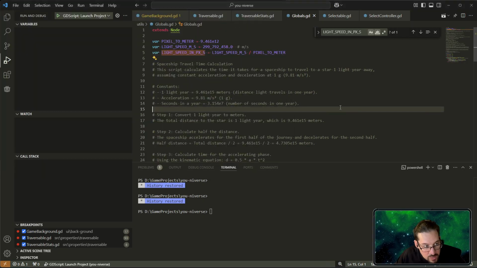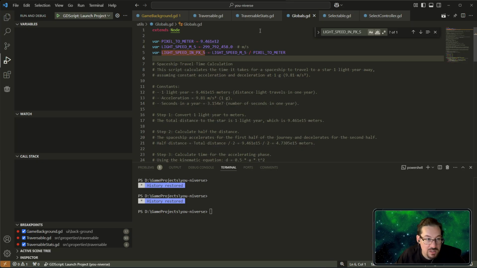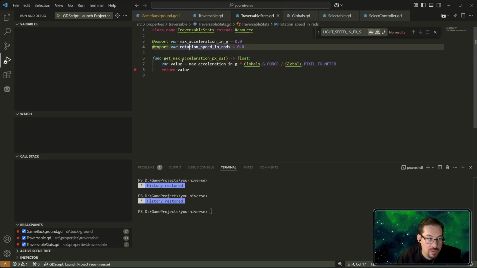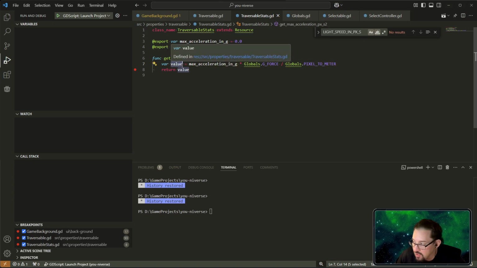But the problem is when I'm using exact measurements for this, I end up with such a small number in my calculation of the maximum acceleration in pixels per second squared that it turns out to be 0. So my floating point is too small.